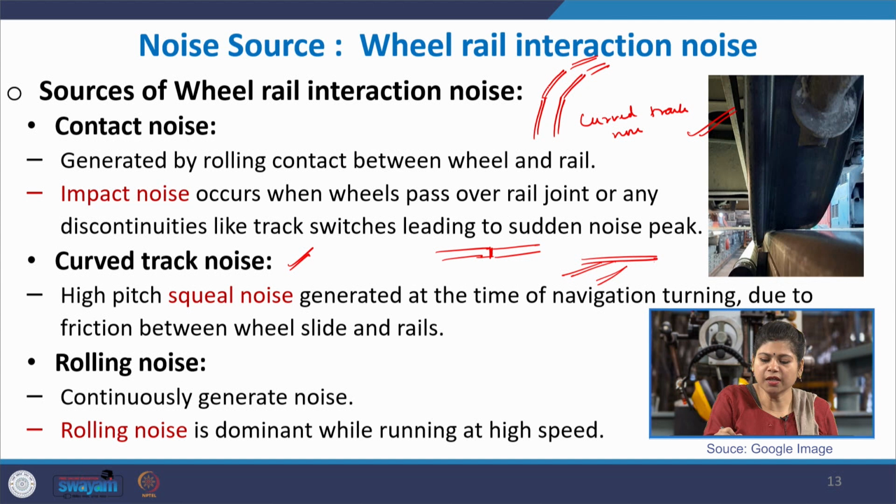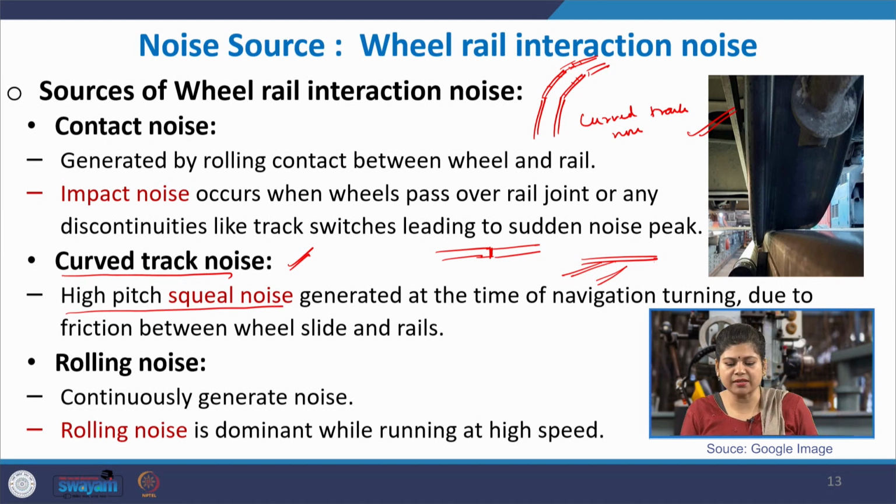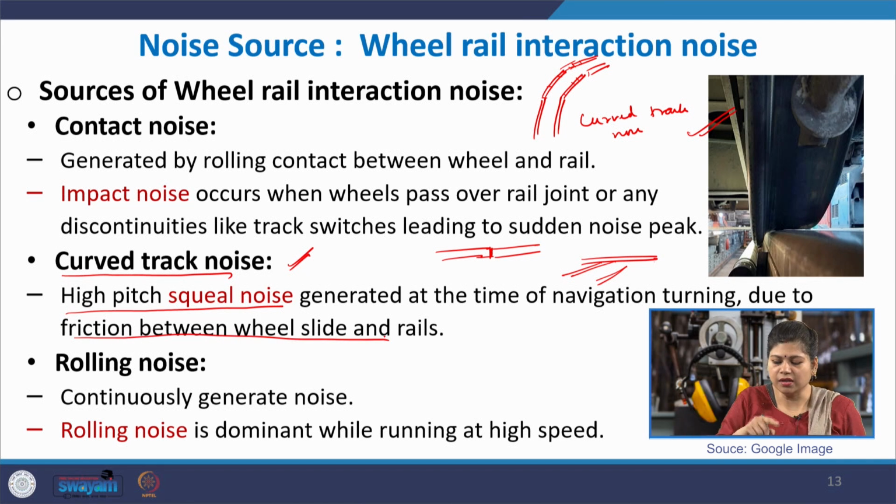What happens is that continuously the path is changing, so continuously there are discontinuities in the smooth train track, and in this particular scenario some high pitch squeal noise is generated at the time of turning. This is mainly because of the friction between the wheel slides and the rail. They create this tonal high pitch noise because of the friction during the turning paths.